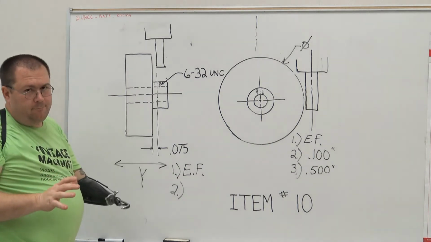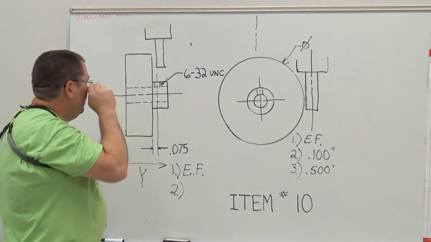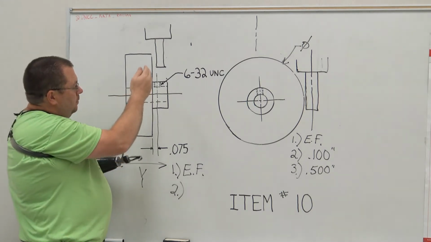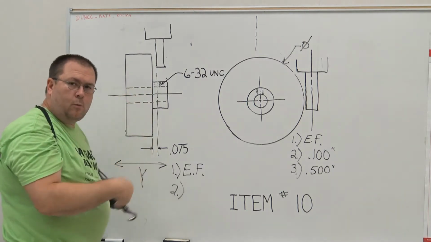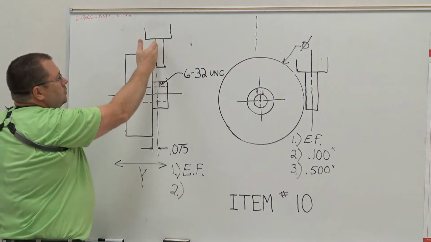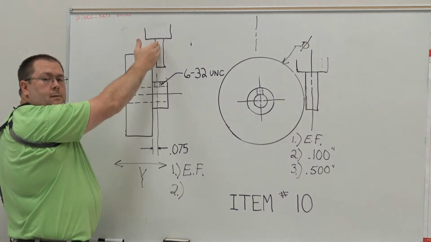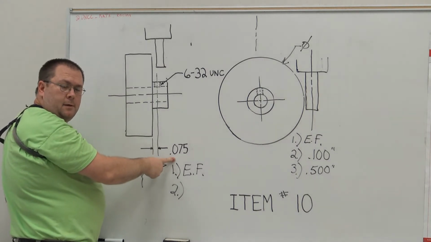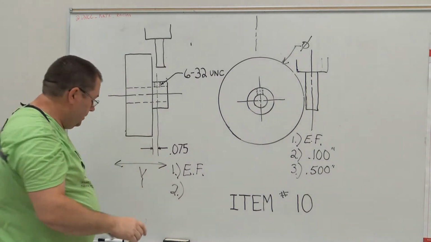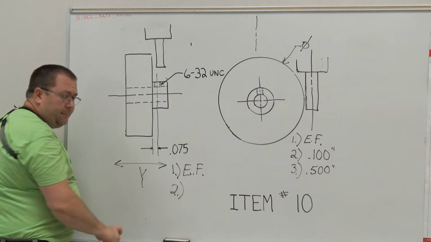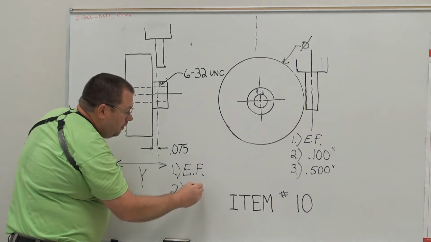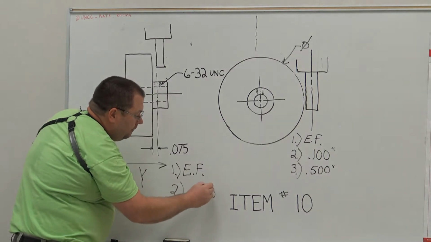Well, okay, that might not be a terrible idea, but let's look at the procedure forward steps, okay? So we're 100 thousandths away. We need to be 75 thousandths away. So if we edge find, and step number 2, only move 0.025.